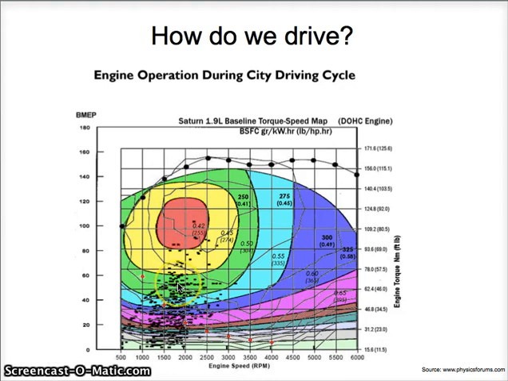These black dots correspond to the driving in this city drive cycle, and as you can see, very few of these spots are inside this sweet spot. Quite a big part of it is either around here, idling or cruising at very low loads and low RPMs. Just a few of them are up there where you have the high efficiency. And this could partly be overcome by either downsizing the engine or hybridization or a combination thereof.